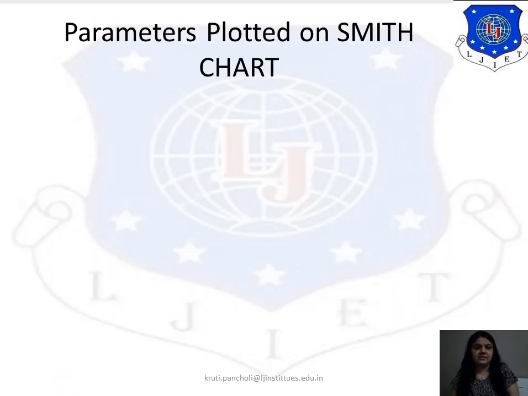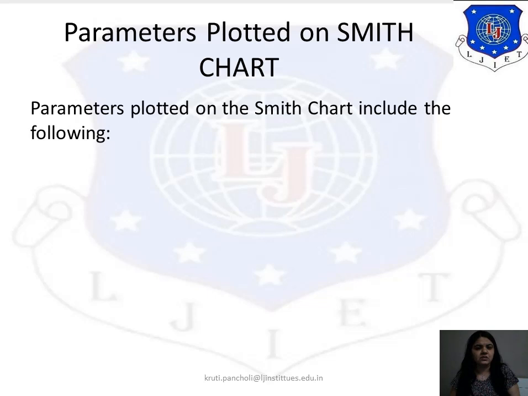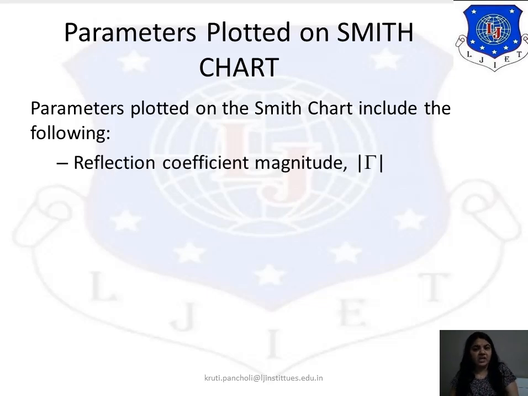Another thing is the parameters on the Smith chart. Parameters on the Smith chart include the following. One is the reflection coefficient magnitude, that is rho.